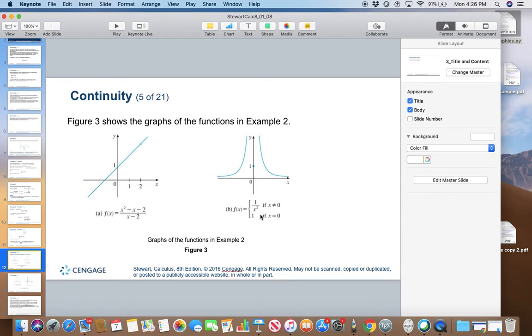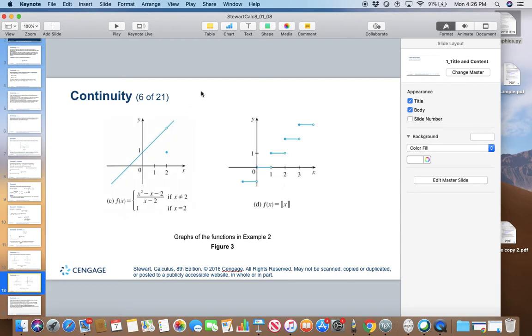And at 0, you could very well give it height 1, but it is still discontinuous. Here is (x squared minus x minus 2) over (x minus 2), correct? With the hole there. At 2, you give it height 1. It is still discontinuous. This one is the integer function. It's a step function. We went over this in class.